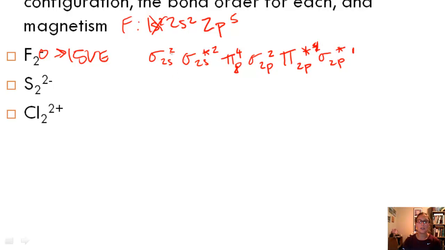So we've got 2 in the 2s, so 1, 2, 3, 4, 4 in each p, so that's 8, 9, 10, 11, 12, 13, 14, 15. And I went in order from lowest energy to highest energy.